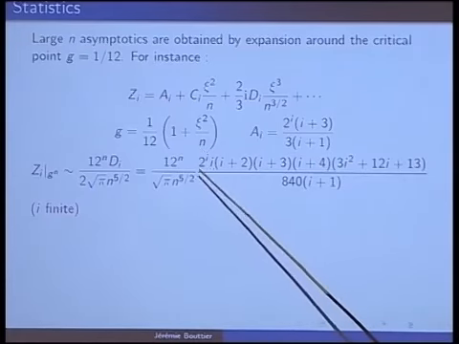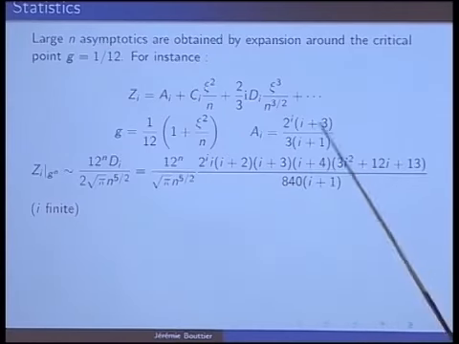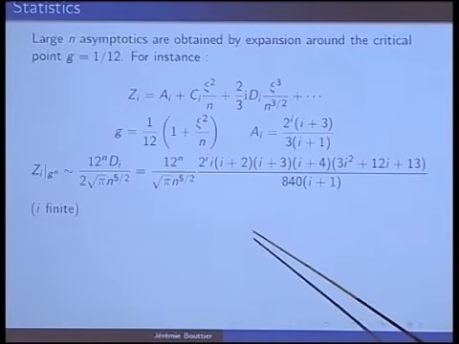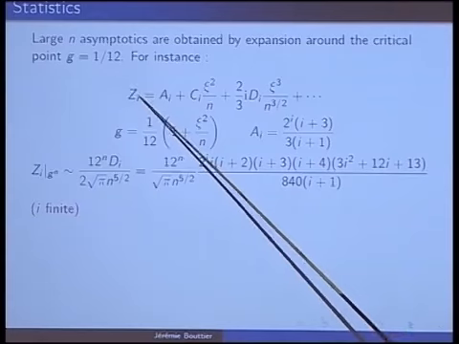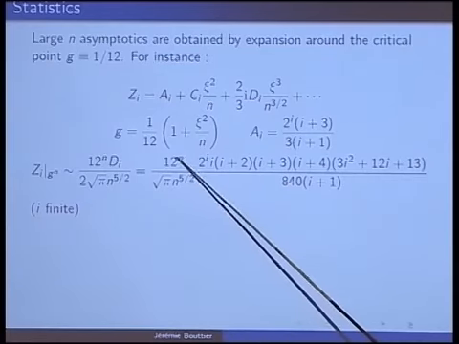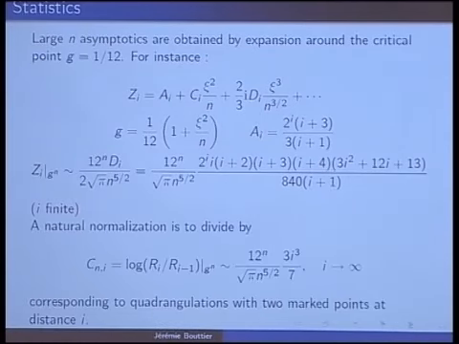It's just an exercise. With this, it's all explicit, and you get a sequence of rationals, almost, up to a factor. So, for instance, if you pick the coefficient of g to the 2n in this series, you get this asymptotic form. This is true for n going to infinity, but for the moment we keep i finite, so it's the local limit of large quadrangulations.